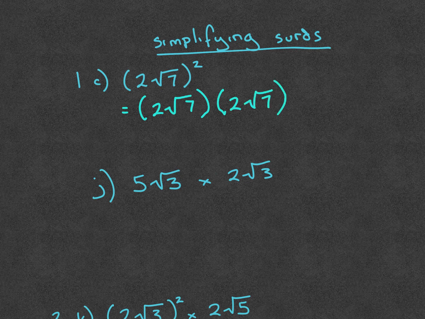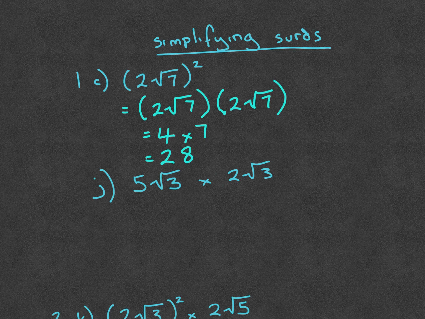Then we're going to expand the brackets and simplify that down as much as possible first. So 2 root 7 multiplied by 2 root 7 is going to be equal to, multiplying the coefficients first, 2 times 2 is 4. Root 7 times root 7 is going to be equal to 7. 4 times 7, which equals 28. Okay, so that one there was quite easy to simplify.